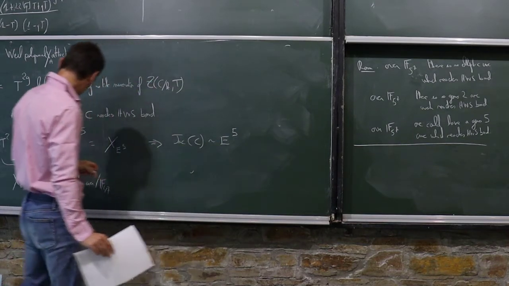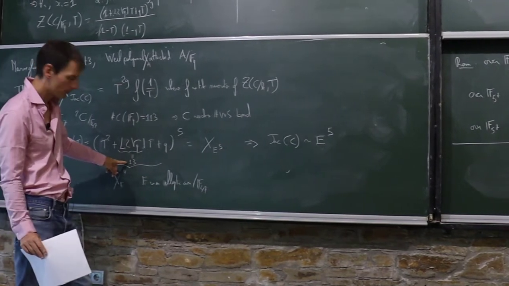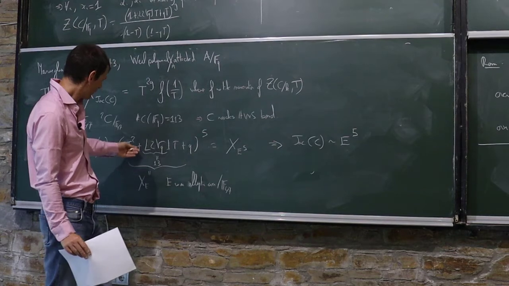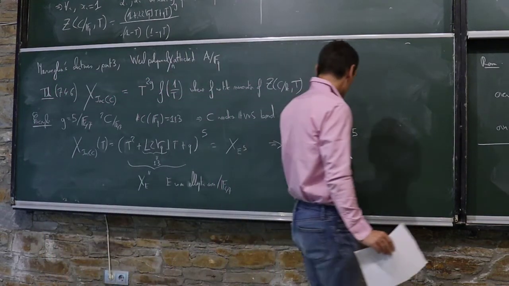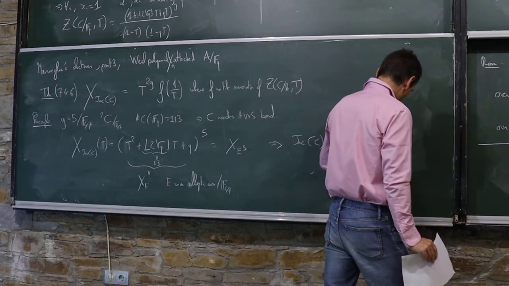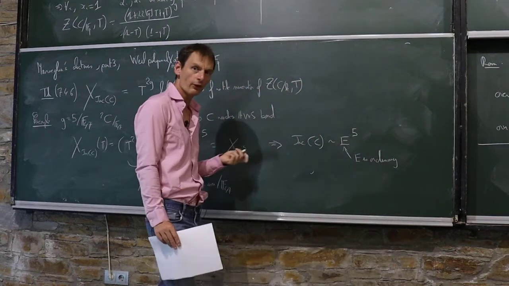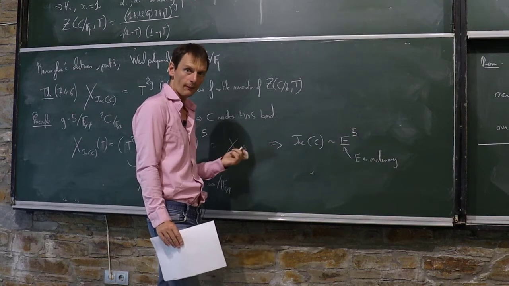But first, I want to tell you that as the trace here is 13, and it is not 0, in particular this elliptic curve is ordinary. So E is ordinary. So you could simply use the equivalence of categories that Stefano used.